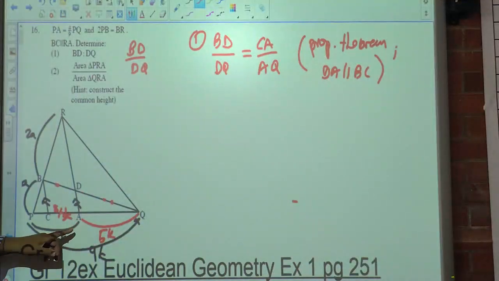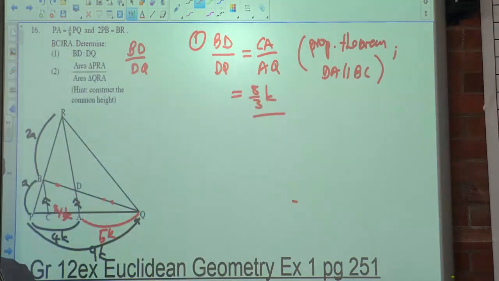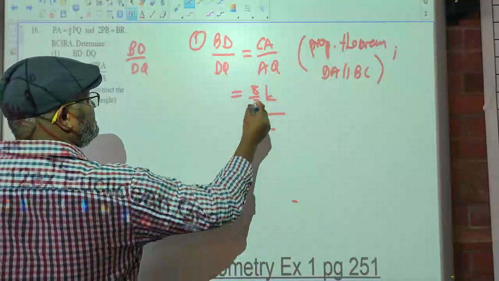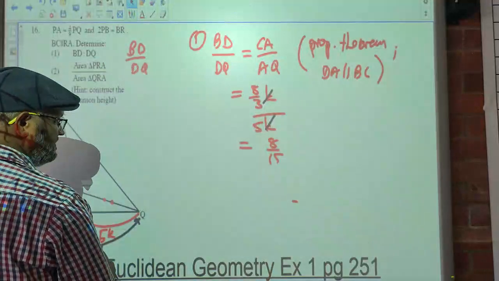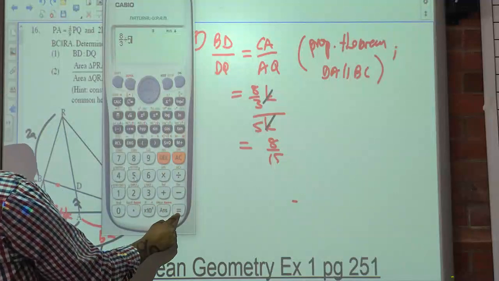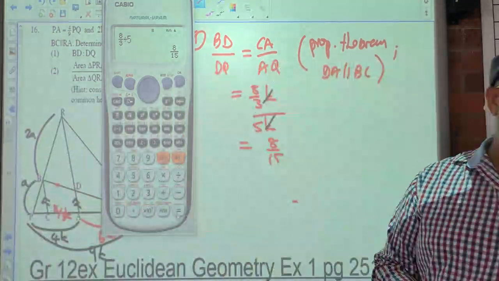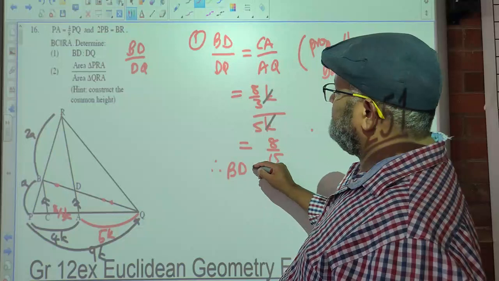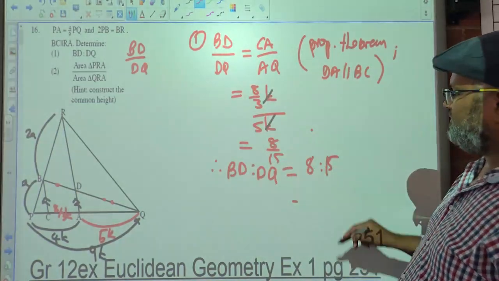So CA is 8 over 3K divided by 5K. So that of course cancels, and that will give us 8 over 50. Check if that's correct. So 8 over 3 divided by 5. So 8 over 50. But is it the form they asked us to write it in? No. So therefore, BD is to DQ as 8 is to 50.